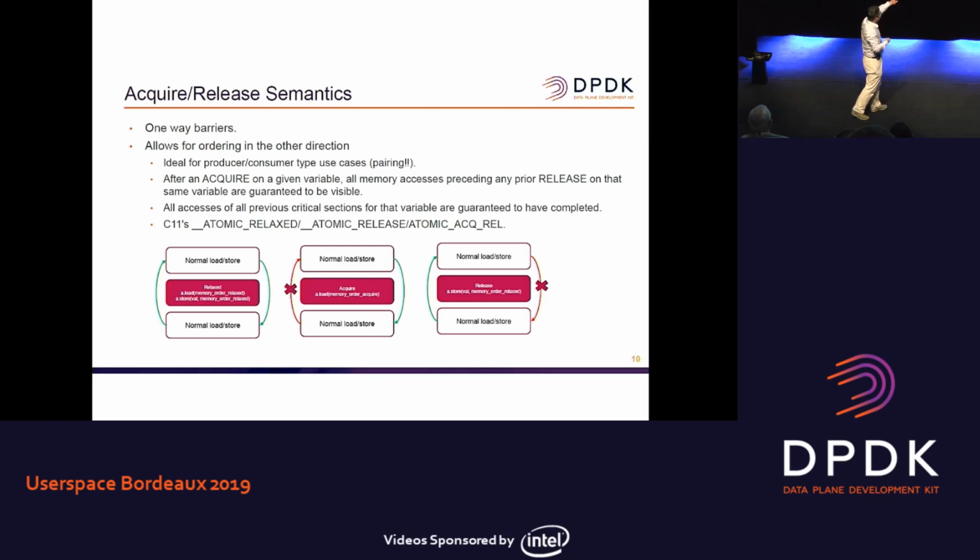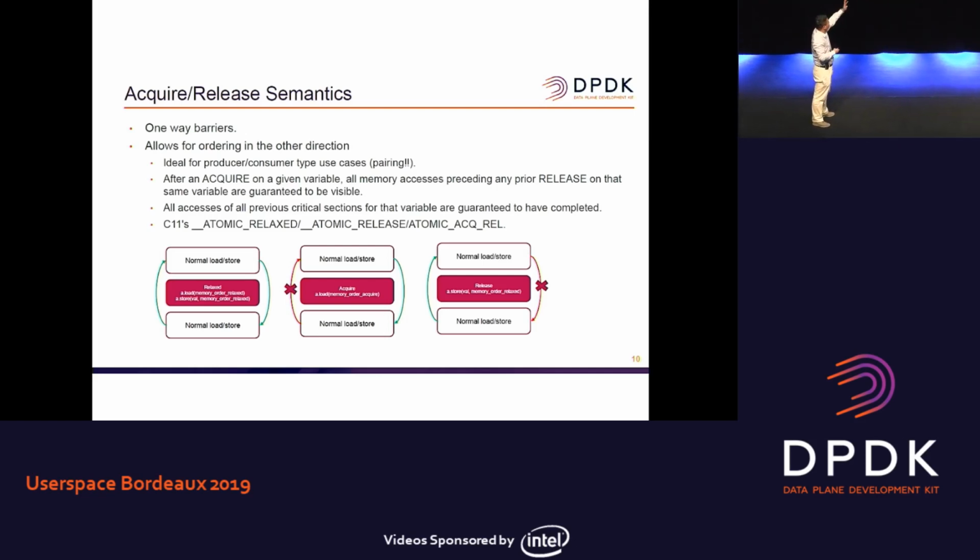For acquire, you can reorder the older loads and stores to the younger side, and vice versa it doesn't allow. And for release, it can be reordered in the other way. So you can freely choose which ordering to use to make full use of this out of order execution to help performance.